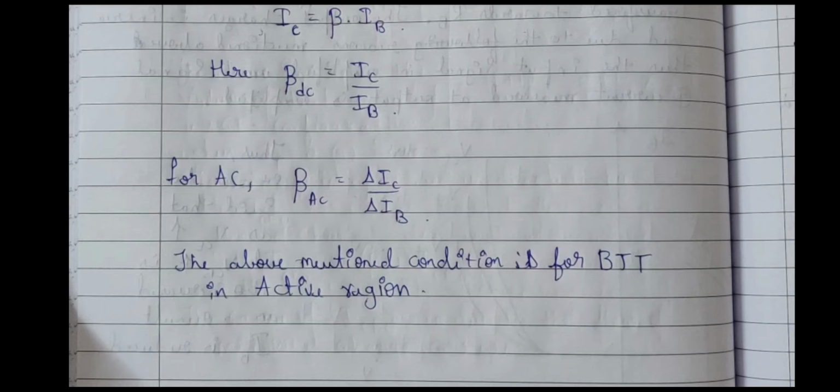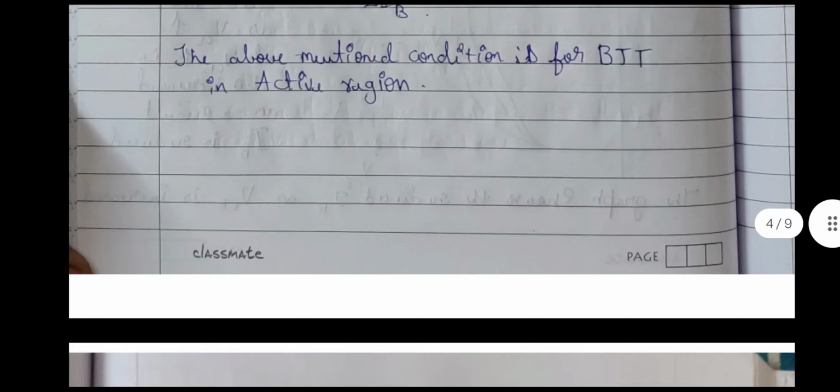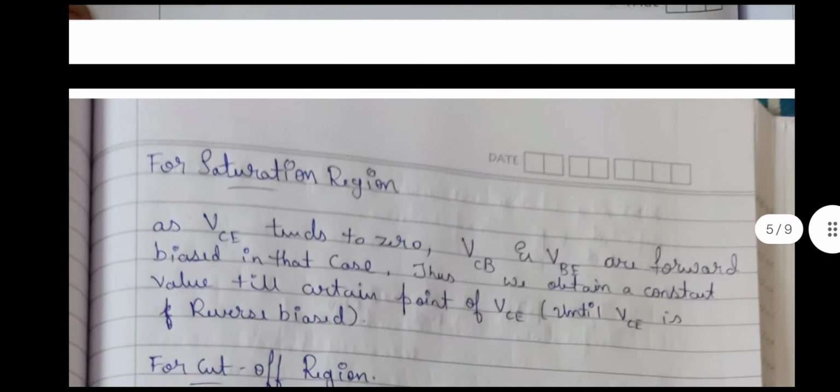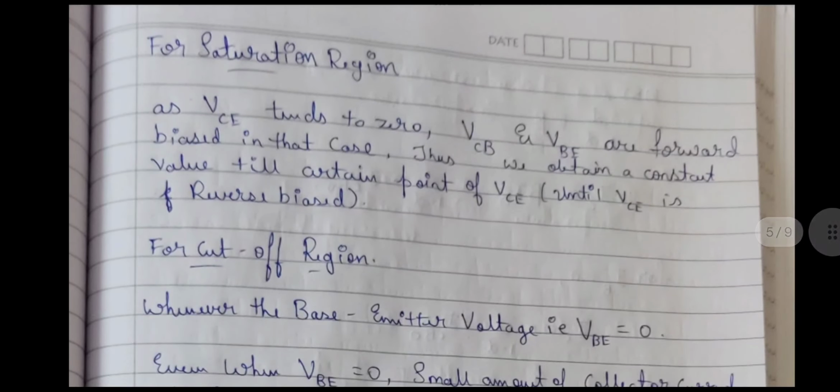We'll see the graph for this in a few minutes, but before that we'll be checking out the different regions as well. For the saturation region, for the BJT to be working in a saturation region, as VCE, the potential difference across the collector and emitter, tends to 0, the collector-base junction and the base-emitter junction will be forward biased.